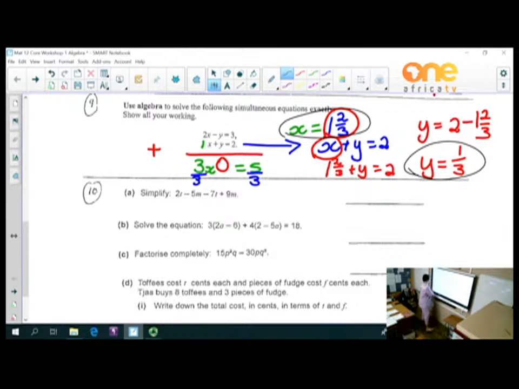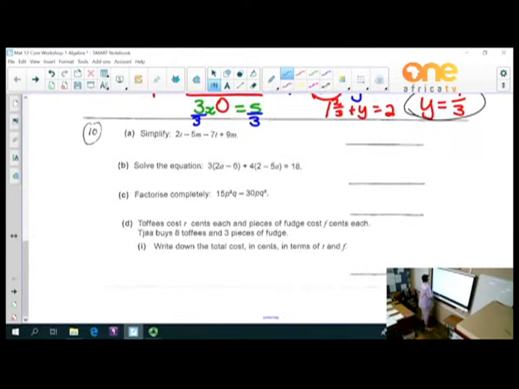Solving simultaneously. Question 10. So here we have a mixture of methods that we're going to use. First one, simplify. That means I'm going to add like terms. So my like terms are this 2 and this 2. You cannot just add everything, only like terms.